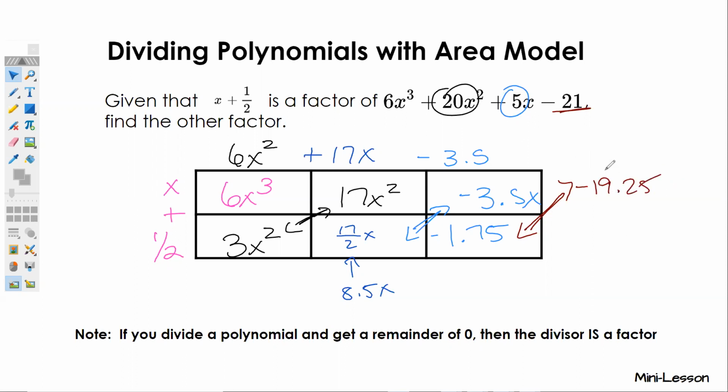Okay, so this is going to be what we call a remainder. I know you've seen that word before. The way we write out our remainder as our answer is we say minus 19.75, and we're going to divide it by what's out here, this x plus 1/2.